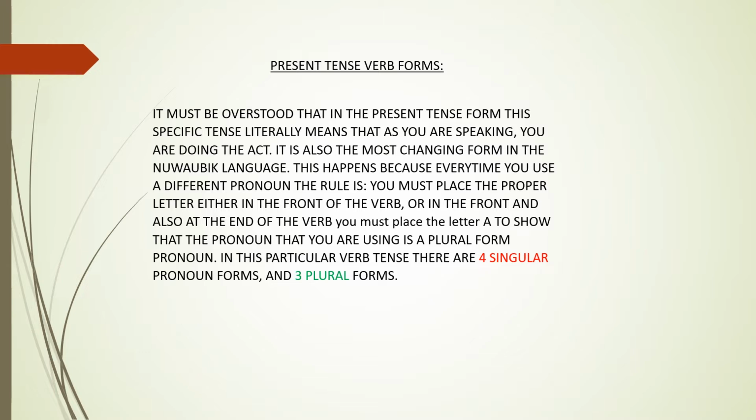In this particular verb tense, there are 4 singular pronoun forms and 3 plural pronoun forms. So in this PowerPoint family, I'm only going to deal with the singular forms so that you can get a grasp of how to actually change the 3-part verbs, the regular 3-part verbs, into a present tense.